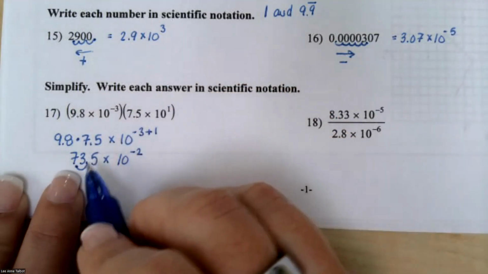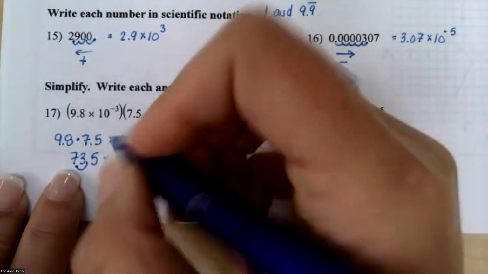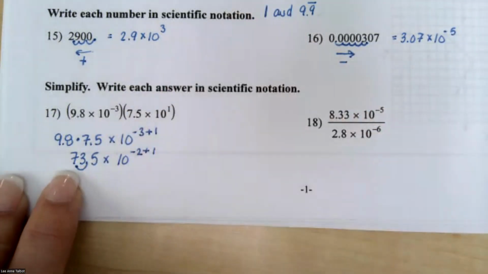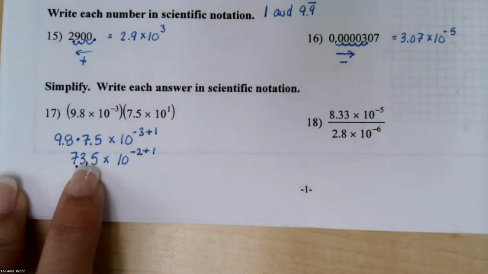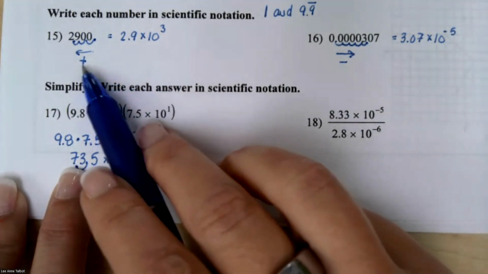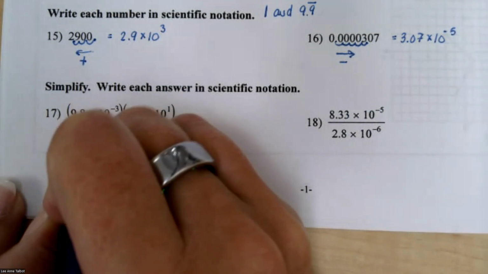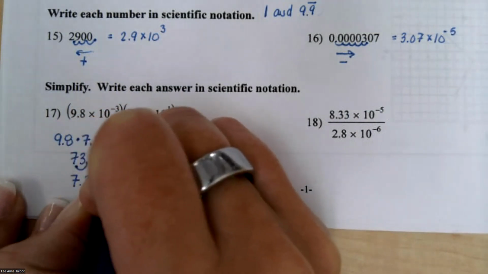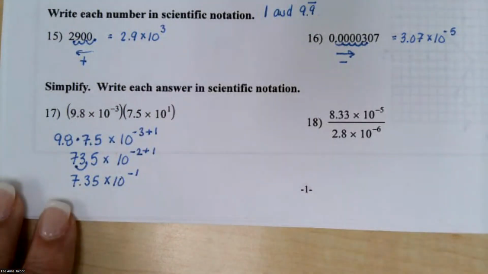If I move this decimal down one spot, like I did here, I have to add 1 onto the exponent. Let me say that again. If I move the decimal down a spot, I have to add 1 to the exponent, just like here. Moving down adds to the exponent. So 7.35 times 10 to the negative 1.